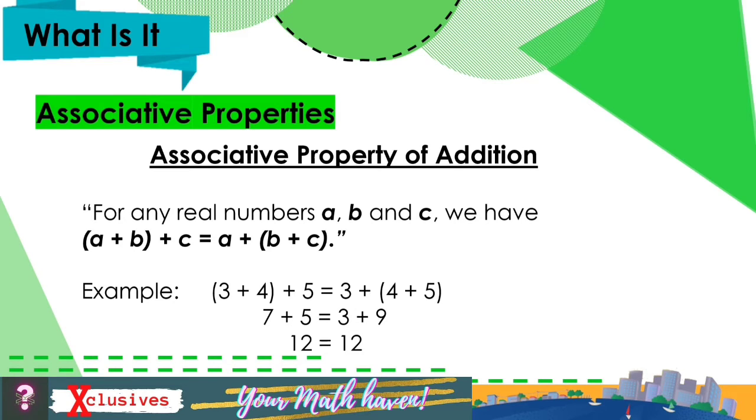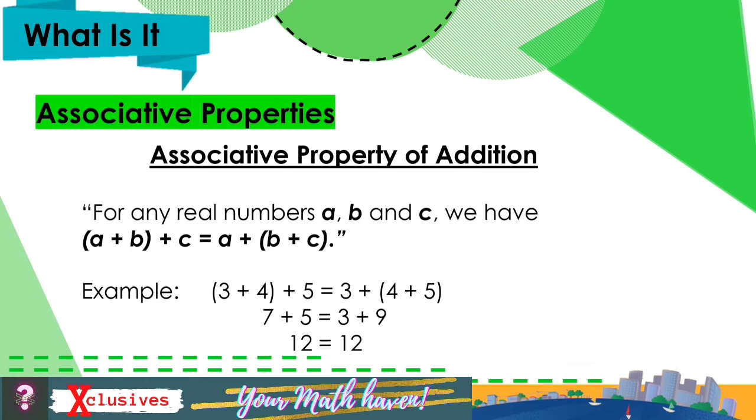For example, the sum of 3 and 4 plus 5 is equal to 3 plus the sum of 4 and 5, because when you simplify both sides, you come up with 12. In other words, when you say associative property of addition, no matter how you group the addends, the result is still the same.